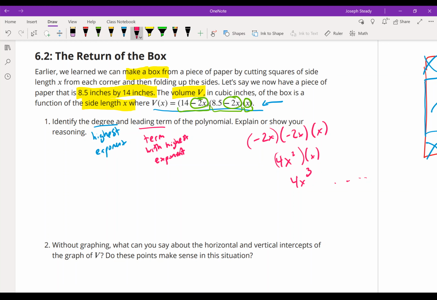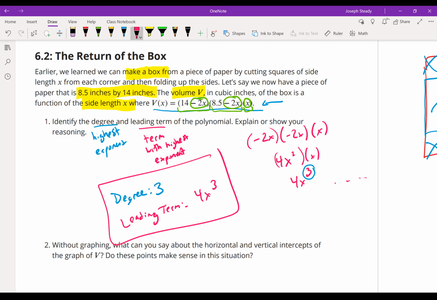So to answer the question, the degree is 3. It's that biggest exponent we just found. And the leading term is the entire piece that has that biggest exponent, which in this case is the 4x cubed.